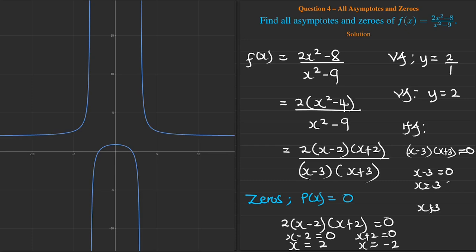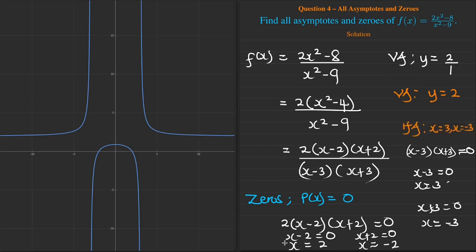Then x plus 3 is equal to 0, and x is negative 3. So for our horizontal asymptote, we have the lines x equals 3 and x equals negative 3. And for our vertical asymptote, we have the line y equals 2.